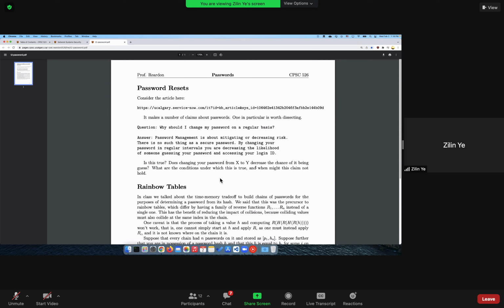But when might this claim hold? Can anyone give me an example? Like, what are the assumptions under which this statement might be true?